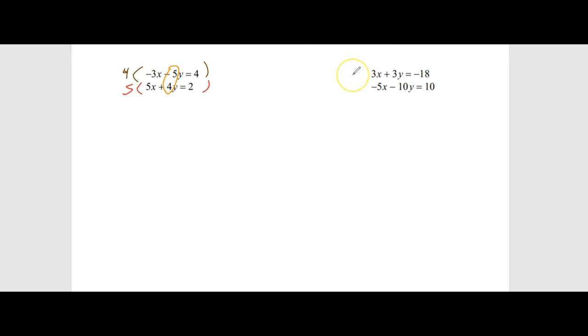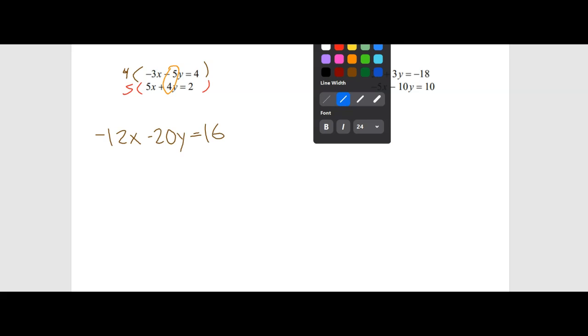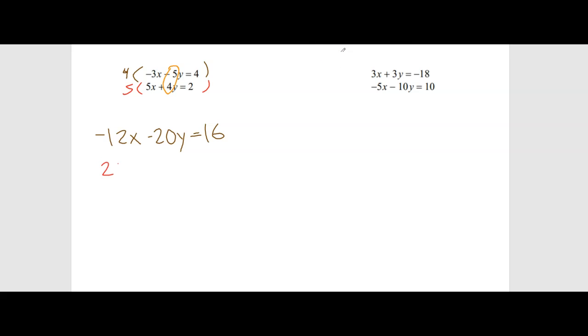And then when you come up with your two new equations, I get negative 12x minus 20y is equal to 16, and 25x plus 20y is equal to 10. And you'll notice that when you add these together, the y's will eliminate. So again, multiple ways to approach the same problem. As long as your math is correct, you will get the same answer either way.